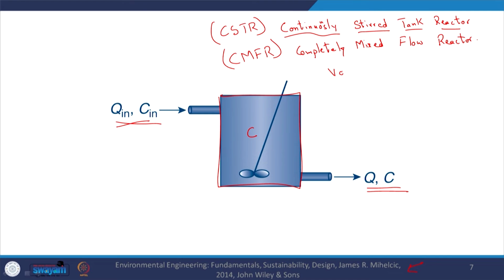So, we have V dC by dt is equal to Q in C in minus Q out C out plus volume into rate of formation minus rate of loss. Let us say we are assuming steady state for the sake of simplicity, but if the system is not at steady state, then obviously this term will not be 0.